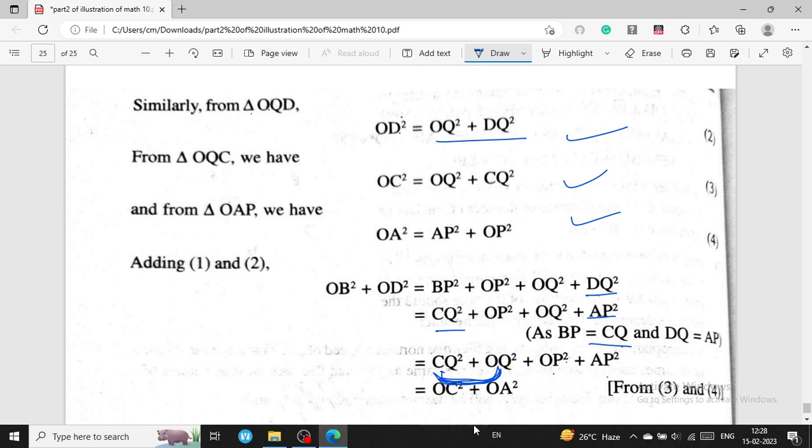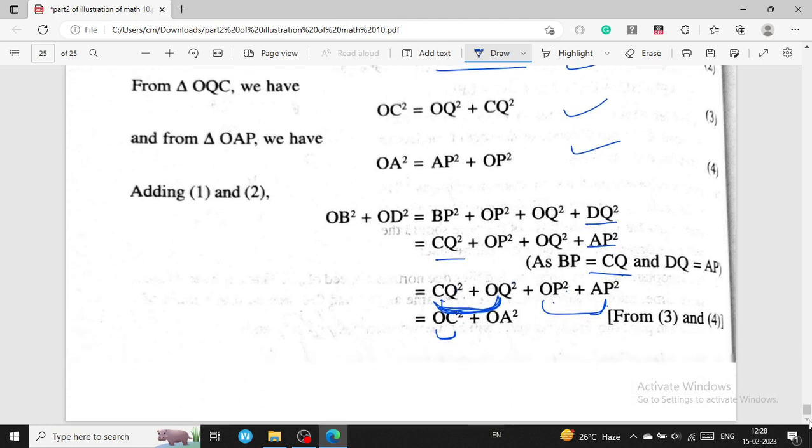When we combine it, it will be converted into OC square and OA square, because P and Q are common, from the third and fourth equations we find OC's value and OA's value. So that's why we can convert it. Now this is the proof, because in this question we have to prove this, and it is proved.